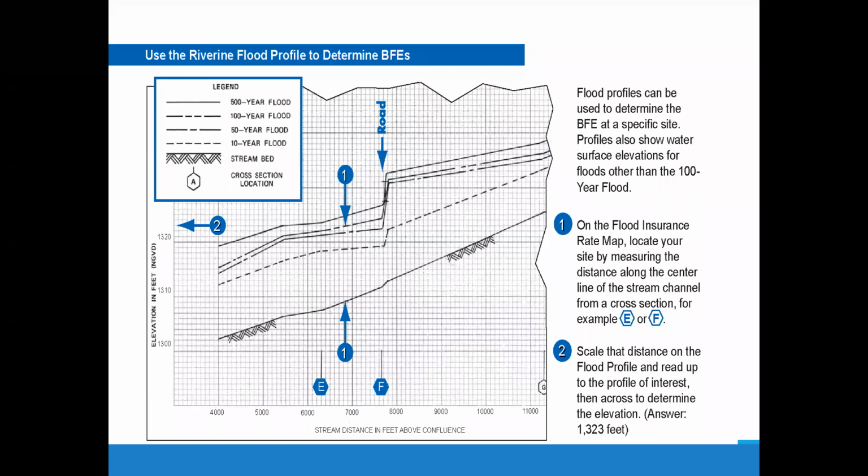Each of those is a flood elevation. And you'll notice that they're 10 feet apart and that there's 10 boxes between each of those numbers. Each one of those little boxes represents 1 foot of elevation. So our base flood elevation that we would calculate for this case example would be at 1,323 feet.